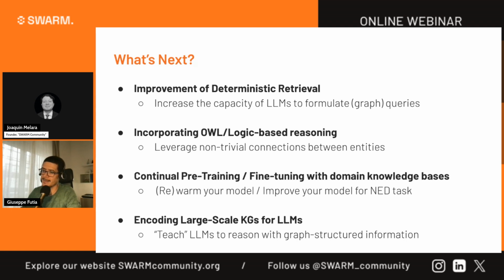So for instance, in order to use these combined technologies in production, I would say, on the one hand, we have to increase the capacity of LLMs to formulate graph queries, right? Specifically for RAG applications. We can potentially inject OWL, which stands for Web Ontology Language, and other logic-based reasoning, because in many cases, we discuss how large language models are capable of reasoning.